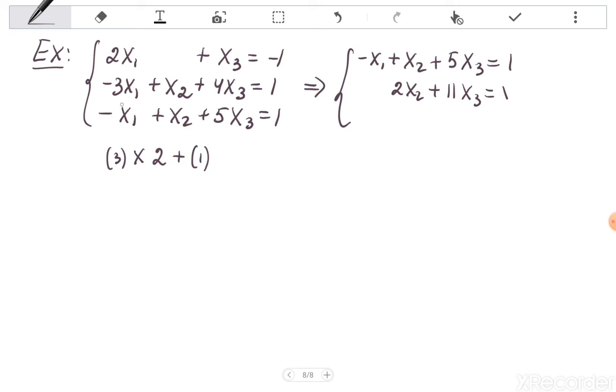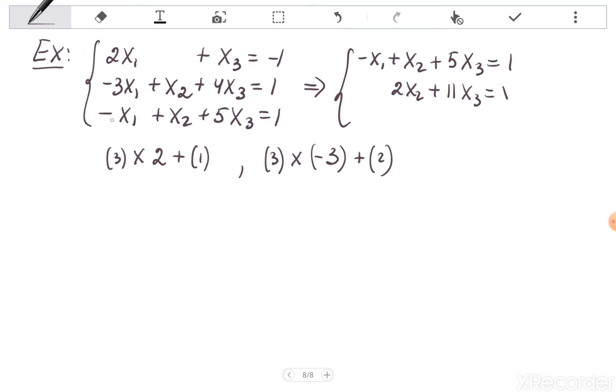And to get rid of x1 in this equation, we multiply the third equation by minus 3 and add it to the second equation.